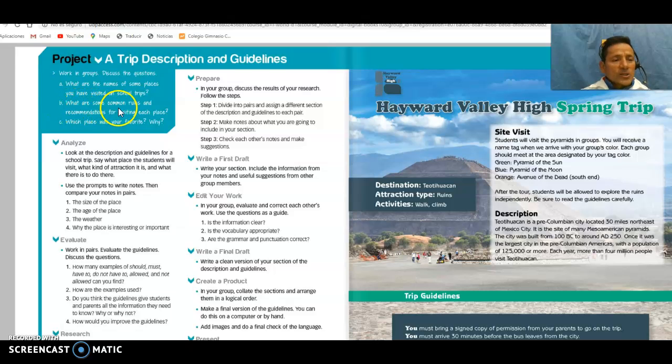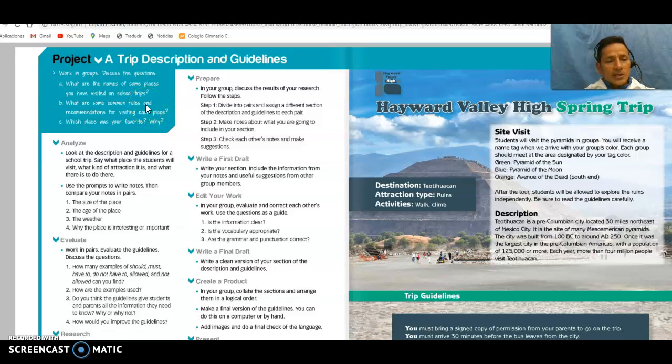And what are some common rules and recommendations for visiting each place? This is what you need to keep in mind when you are doing your projects. For example, this is a very nice question: what are some common rules that you use?